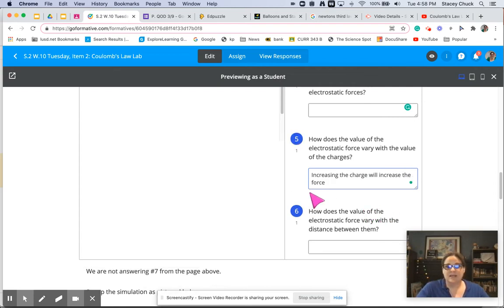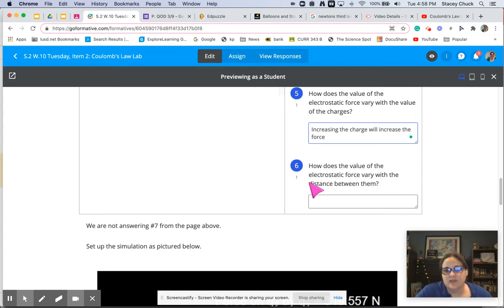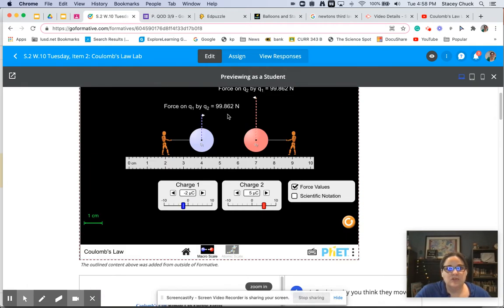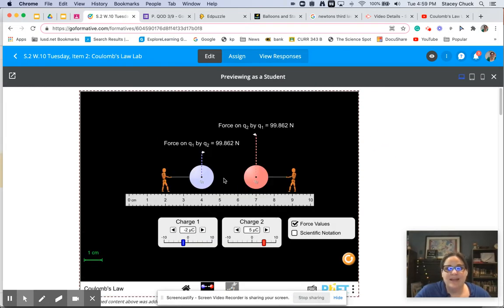Okay, number 6. How does the value of the electrostatic force vary with the distance? So we're being asked the same thing. What happens to force when you change the distance? So I'm going to separate them. Right now it's about 100 newtons, and I'm going to increase the distance apart. So let's see what happens. Oh, it's getting smaller.